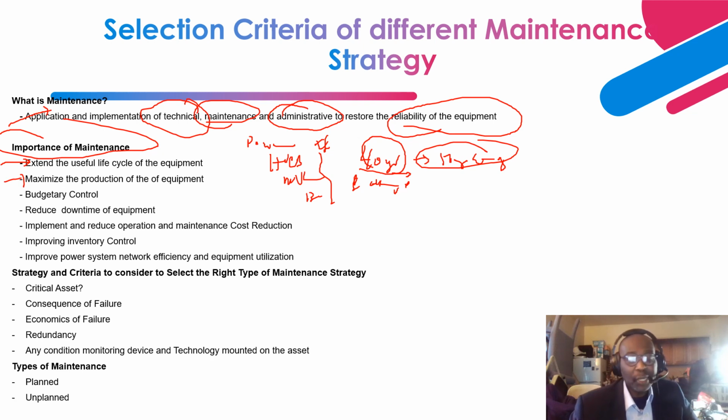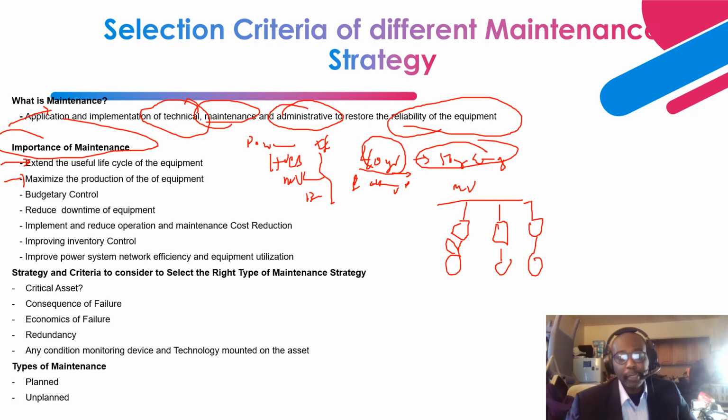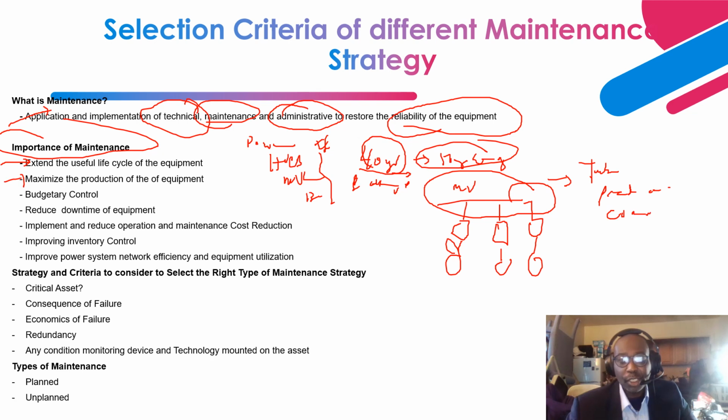Next, maximize the production of the equipment, and that is perfectly true. If you have a switch here that provides power to industrial facility motors, and we are able to perform maintenance on this equipment, either time-based maintenance, predictive maintenance, or condition-based maintenance, if we have condition monitoring devices or technologies mounted on the switchgear, then we are able to prevent failure of this medium voltage switchgear in service.